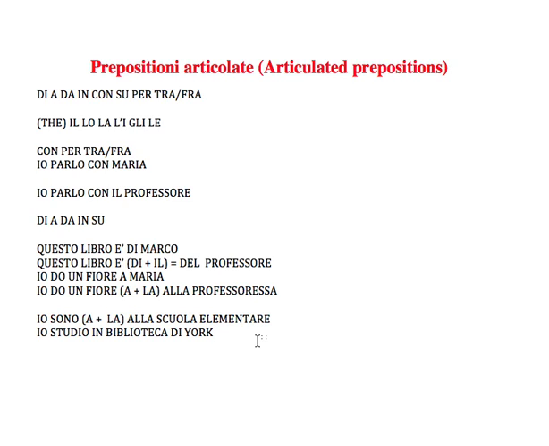An article is mandatory in Italian. So what is the article in front of biblioteca? It will be la. So the result will be in plus la. Can you use in and la separated in Italian? No, you must combine them. Check the table and you will see that in plus la gives you as a result nella. So io studio nella biblioteca di York.